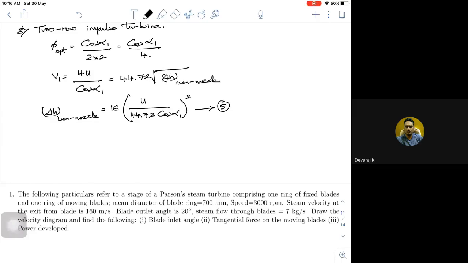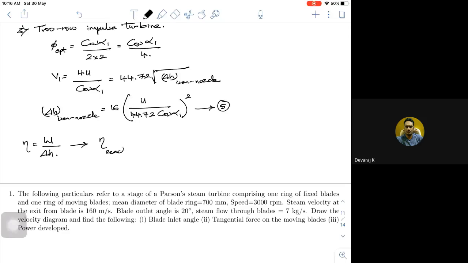So with that in mind, the efficiency of the reaction turbine is greater than the efficiency of a single stage impulse turbine, which is greater than the efficiency of a 2-row impulse turbine. I'm looking at it quantitatively. Okay, quantitatively, this is how it looks.